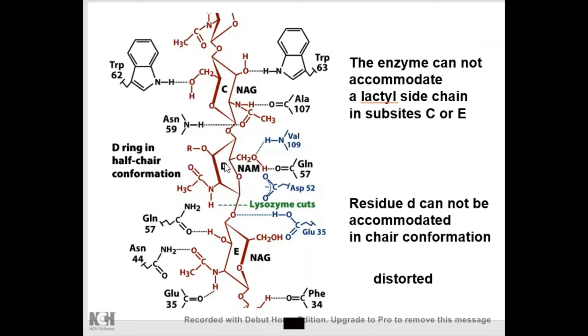The other detail is that this ring, the D ring, is an N-acetylmuramic acid ring, which is indicated by R, which stands for the lactic acid residue. And this R cannot be accommodated in either the C binding site or the E binding site. That's how the enzyme cleaves only after N-acetylmuramic acid, because this R can be accommodated only in the site that corresponds to the binding of the D ring.